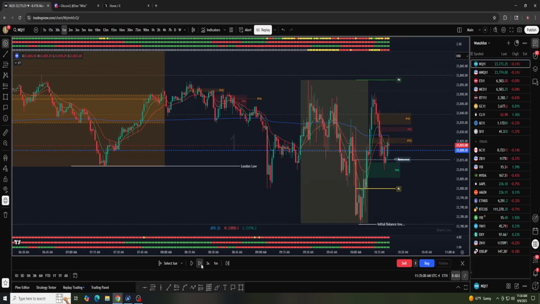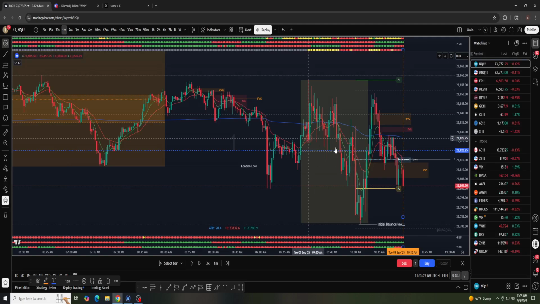VWAP was above us. So I was looking to see price close in the lower half or higher half. I was willing to let it do whatever it wanted to do. And you can see we start to move lower. So right here at 10:30, we are in the lower half of the initial balance.